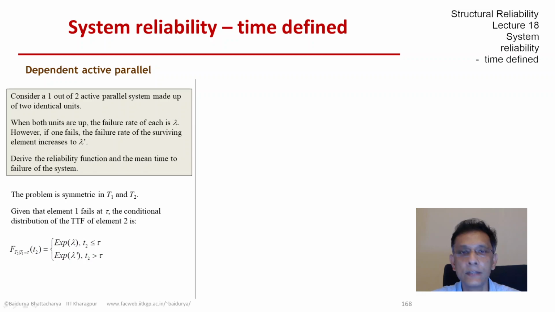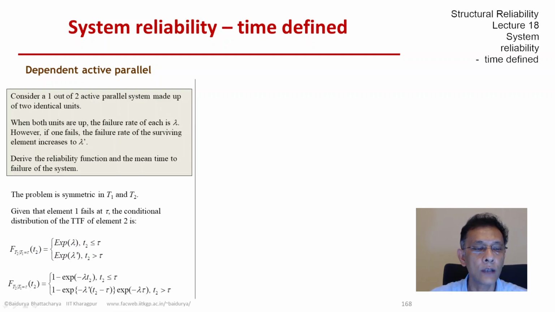So let's say T1 fails at an arbitrary instant tau. Before tau, T2 is the same as before, exponential with rate lambda, and after tau, T2 is now another exponential with rate lambda prime.